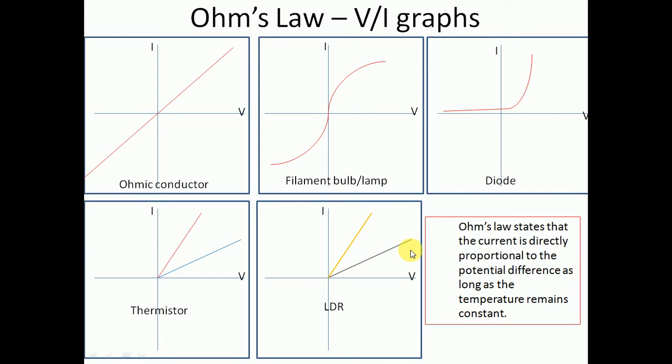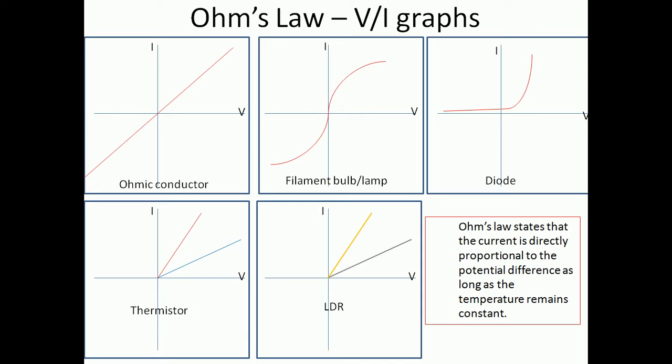Therefore, as the light intensity of an LDR increases, its resistance decreases. Those are the four potential difference current graphs that you need to remember for your exam. So, how do we actually get those graphs?